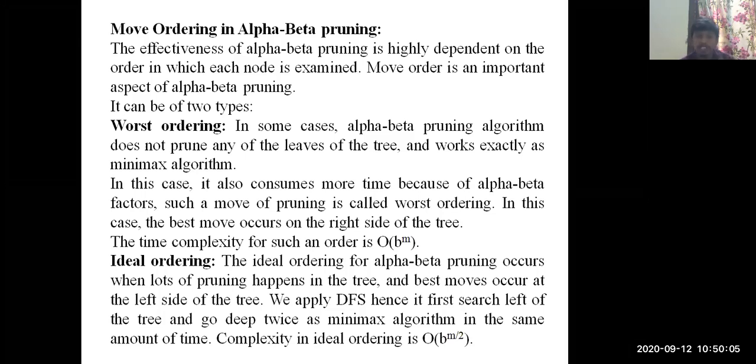The effectiveness can be explained with respect to time complexities, as I am trying to put this in your mind from the beginning. Here you can see the worst ordering is big O of b power m, and the ideal branching is big O of b power m by 2.